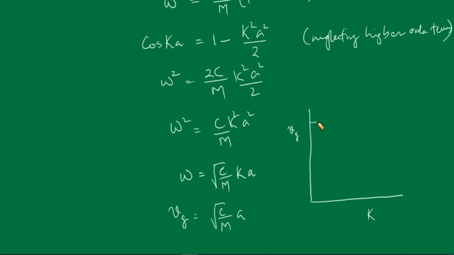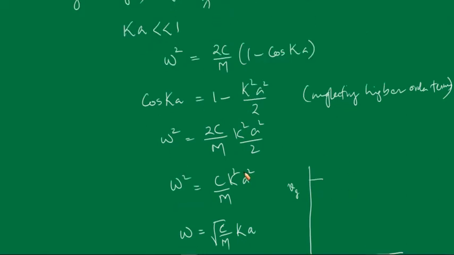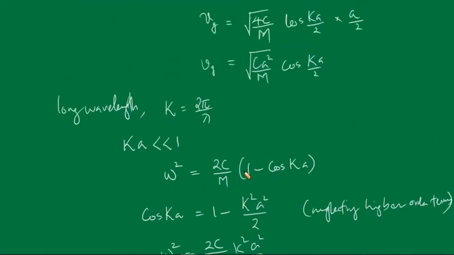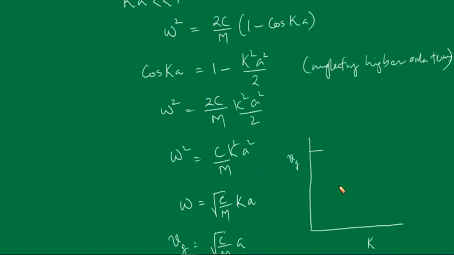So this value is root of c by m into a, and as k increases, we have to see the equation, which is cos ka by 2. Cos theta will become 0 at pi by 2. So when k is at pi by a, this becomes 0.